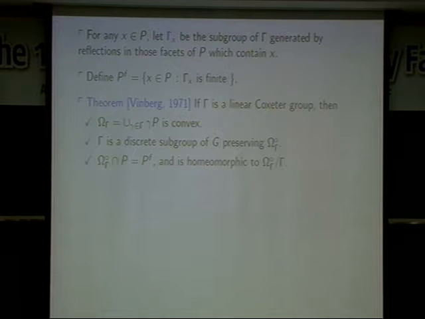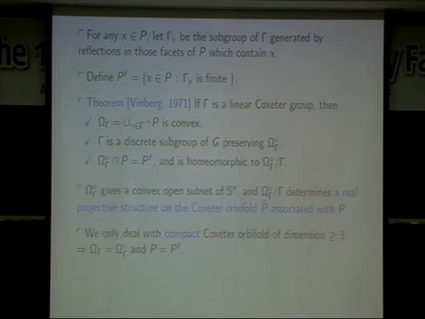So gamma is a discrete subgroup of G, and the intersection between the interior of omega and P_F is homeomorphic to the interior of omega quotient by gamma. So this gives a convex open subset of projective sphere, and this quotient determines a real projective structure on the Coxeter orbifold P hat.